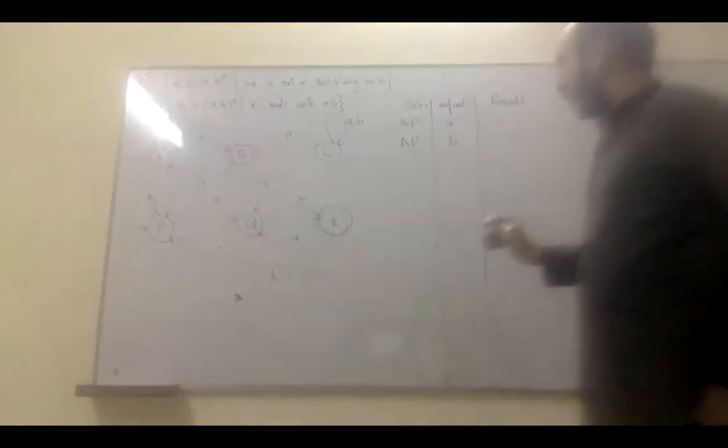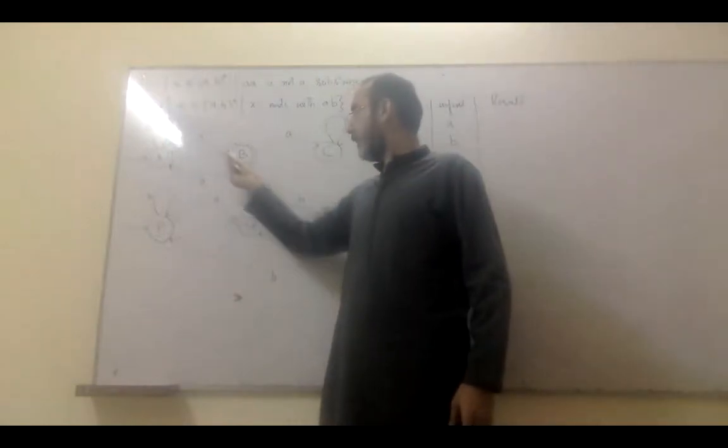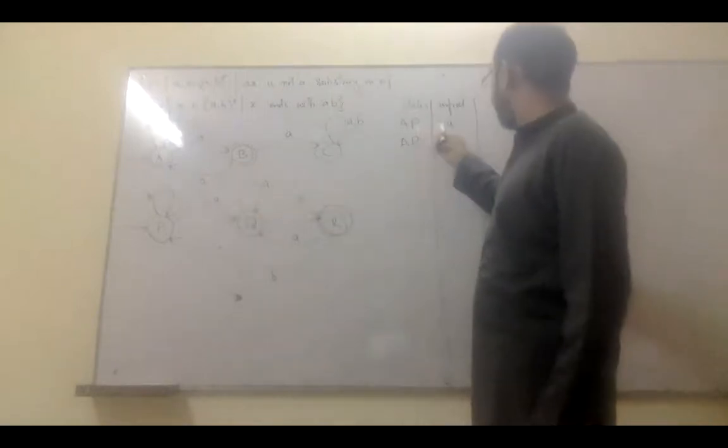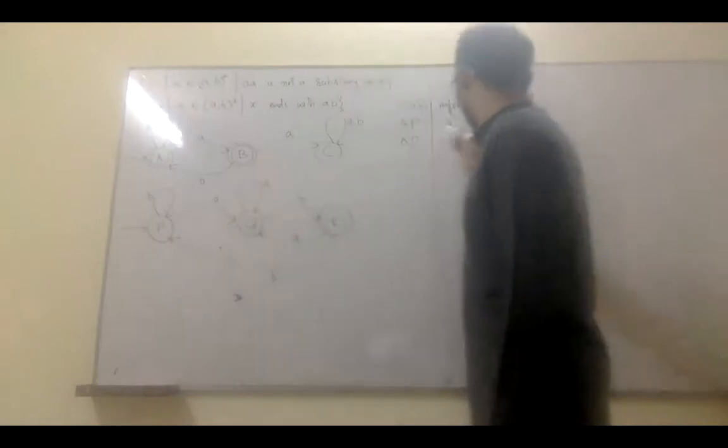At A, after taking a, I am going toward state B, and at P, after taking a, I am going towards Q. So BQ is the new pair.